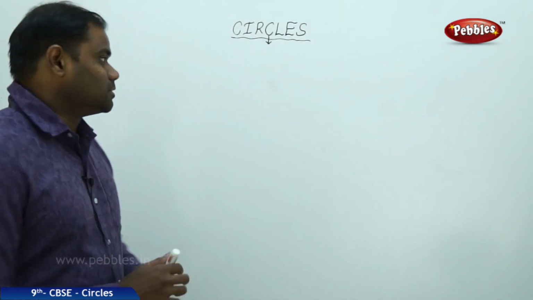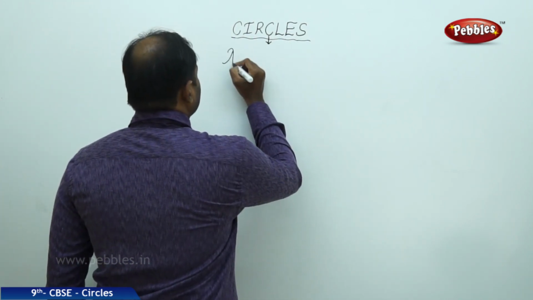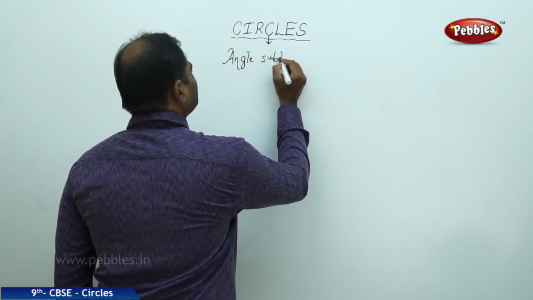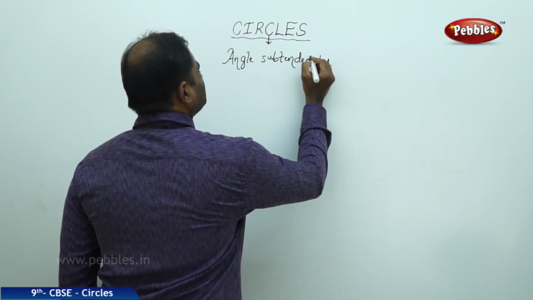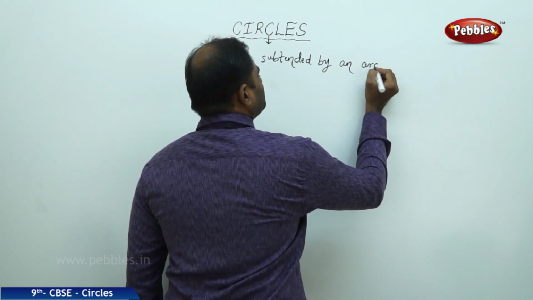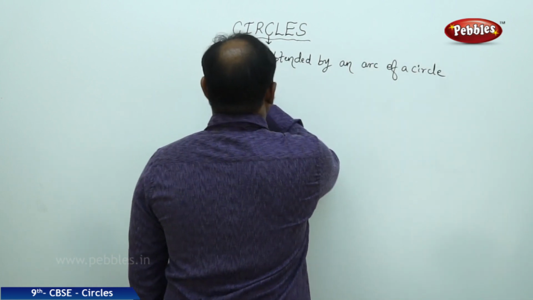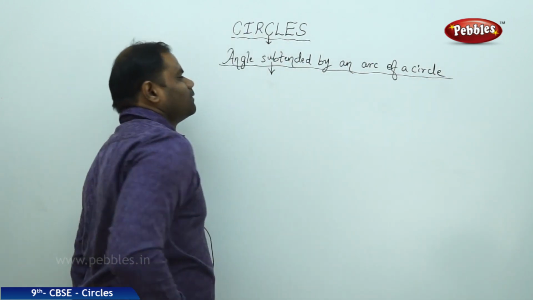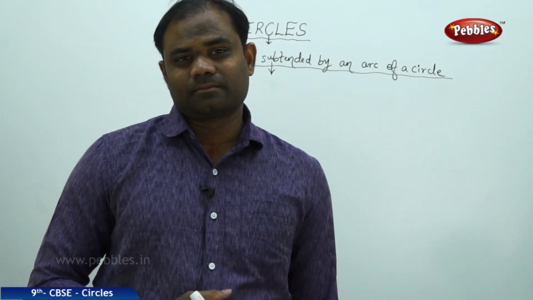Today's session is about angle subtended by an arc of a circle.